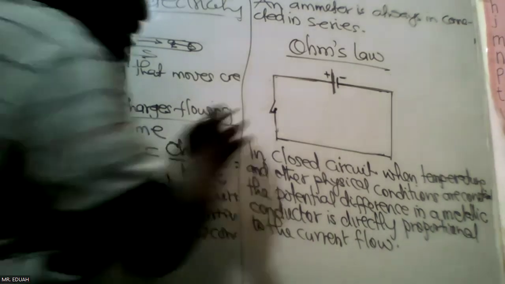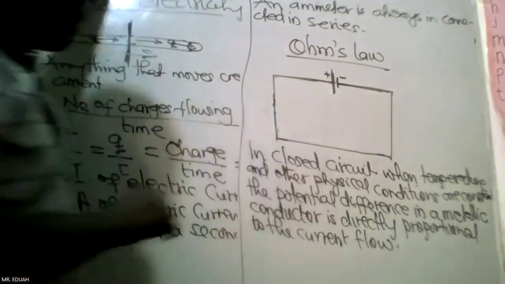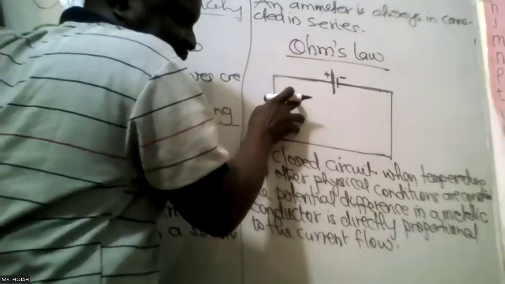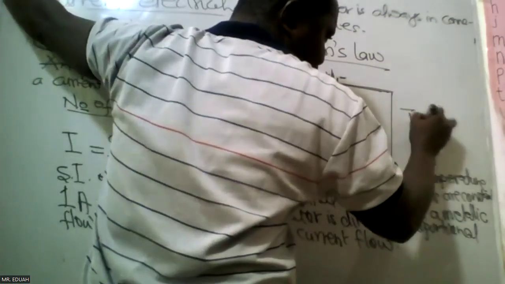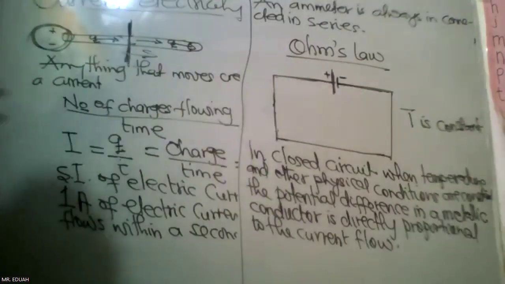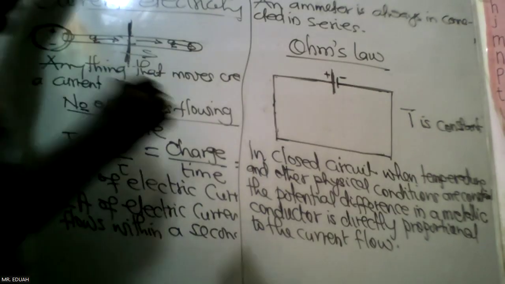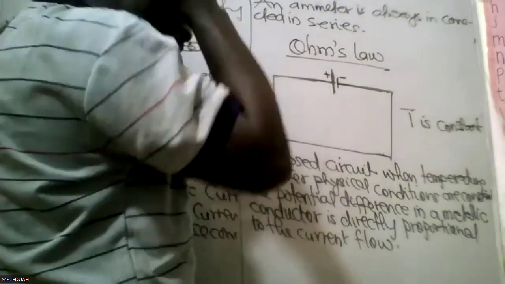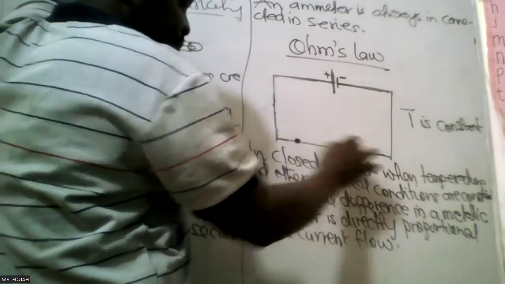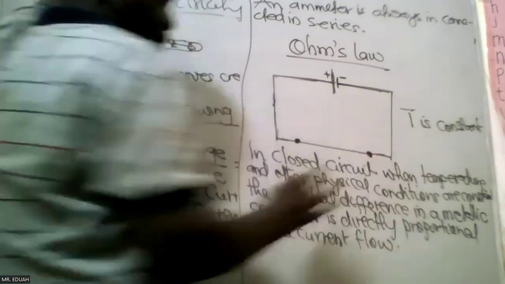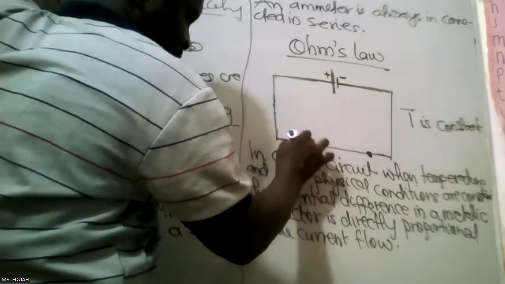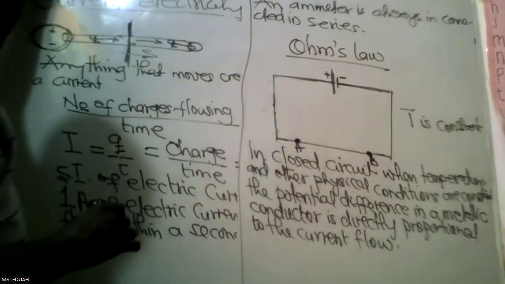All that Ohm is saying is that if you have a closed circuit and you keep the temperature of the metallic conductor constant, if T is constant, the temperature of the conductor does not vary. Whenever you pick any 2 points, A and B, in a metallic conductor, and I want to measure the potential difference across these 2 points, how do I measure?